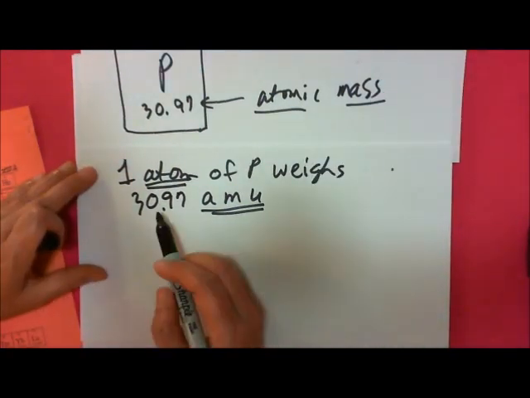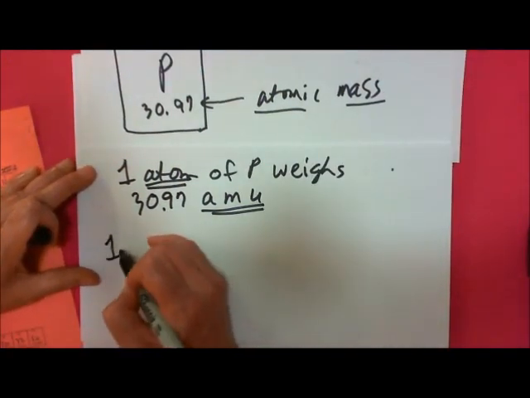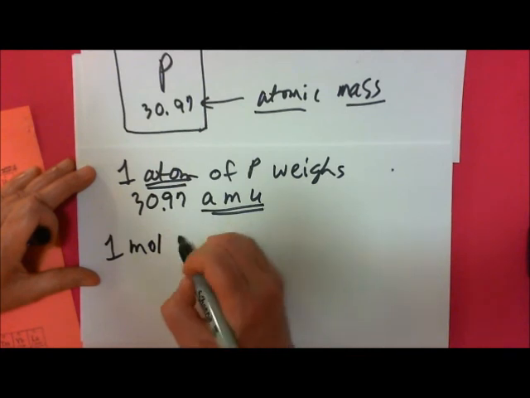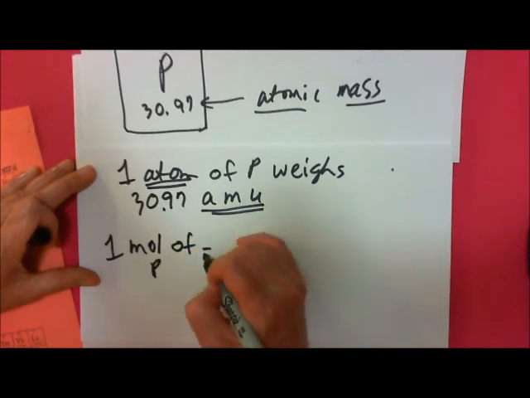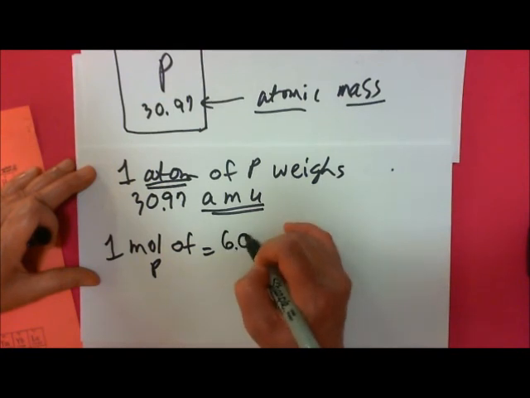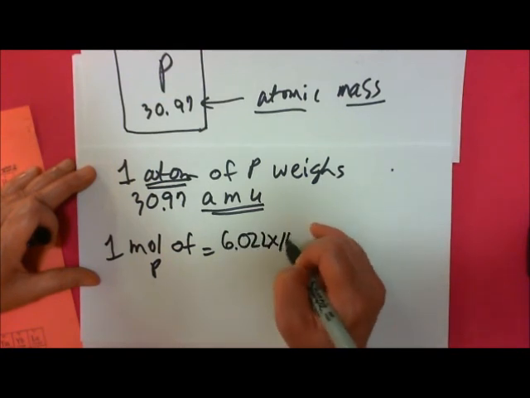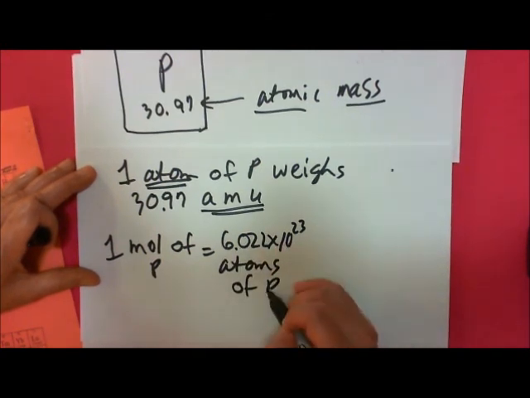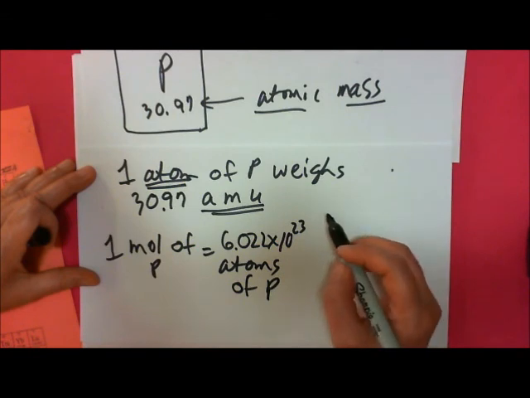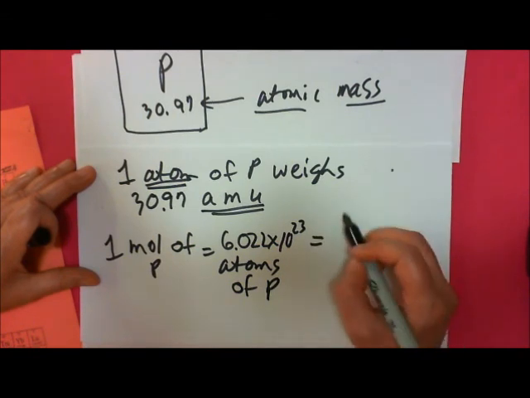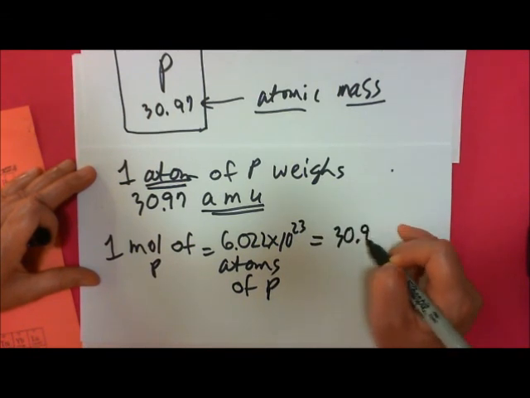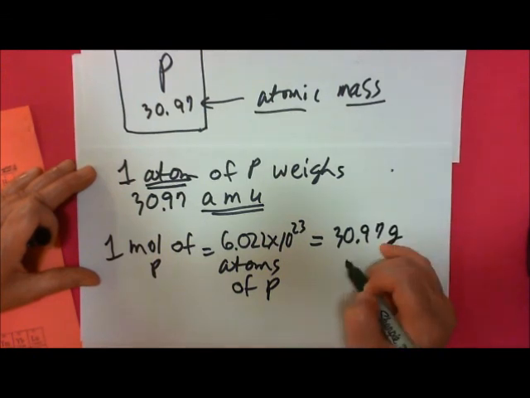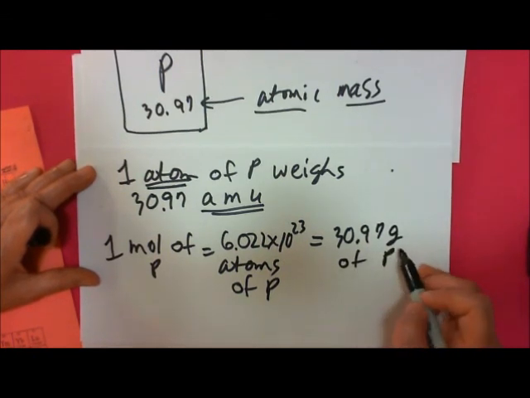So we can say for our phosphorus that 1 mole of phosphorus is equal to 6.022 times 10 to the 23rd atoms of phosphorus, the Avogadro's number of atoms, and that is also equal to 30.97 grams of phosphorus.